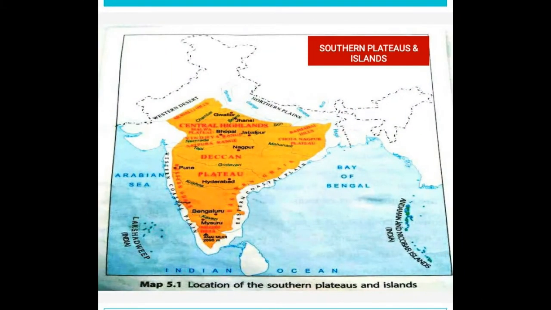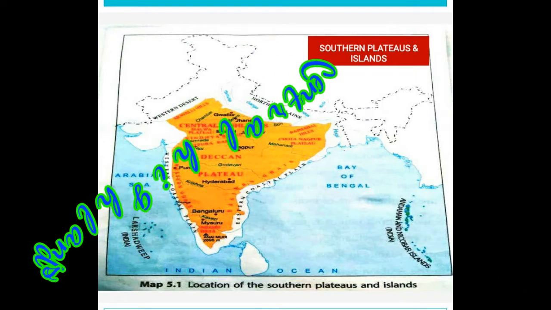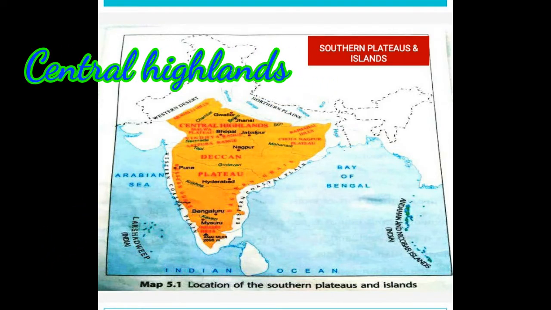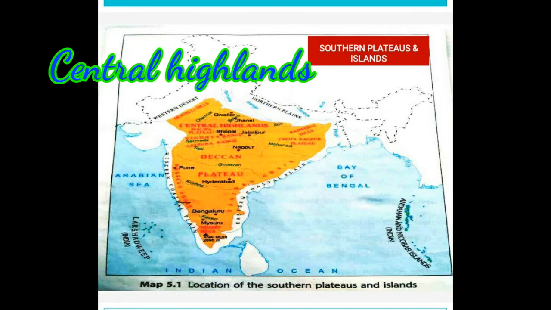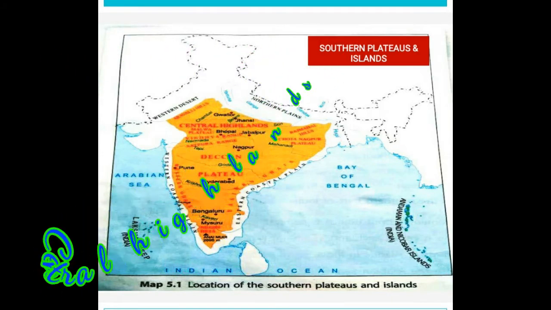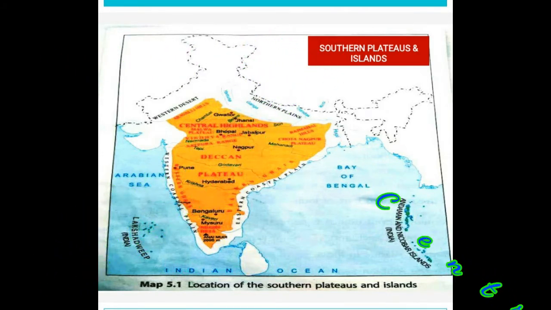Now we are going to see about the Central Highlands. Can you see the orange color shaded part, children? On the top you have the Central Highlands. They are surrounded by the Aravalli Hills towards the northwest and the Vindhya Range towards the south, the Chota Nagpur Plateau towards the east, and the Rajmahal Hills towards the northeast, and the Malwa Plateau lies in the center.